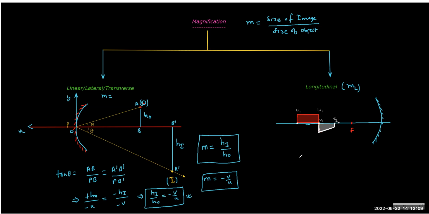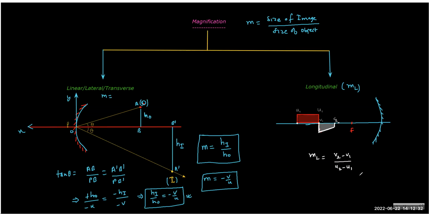So the longitudinal magnification only depends on the distance of the end points of the object along the principal axis. And the way of writing is pretty simple. We write (V2 minus V1) upon (U2 minus U1). Simple.